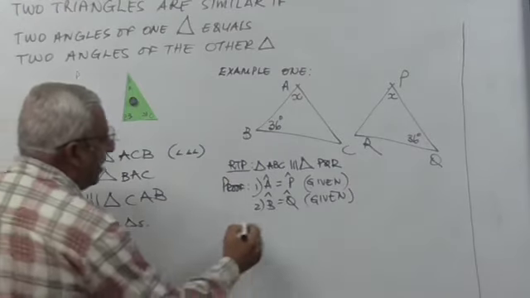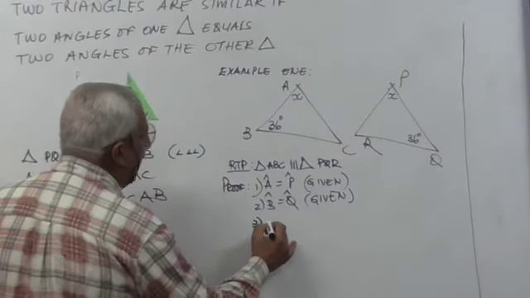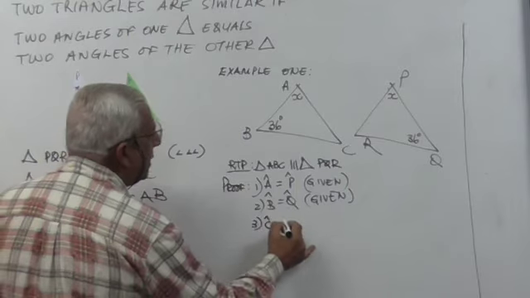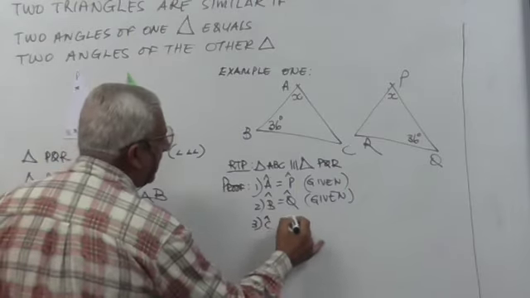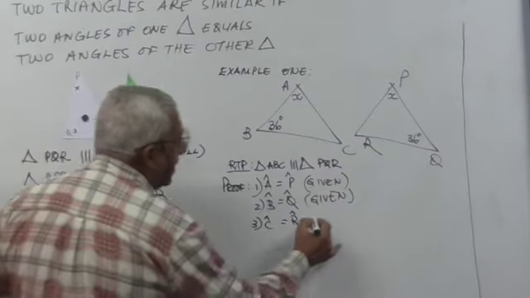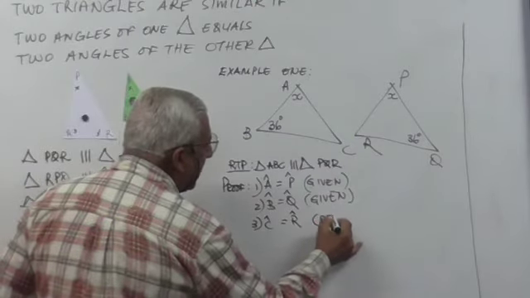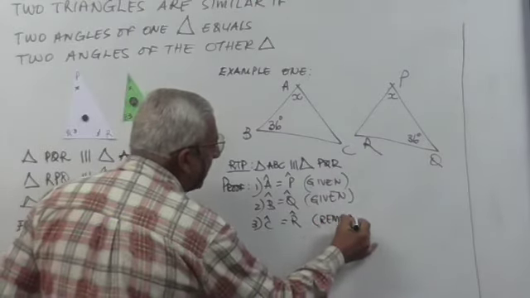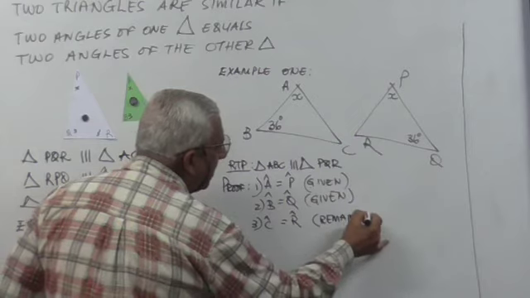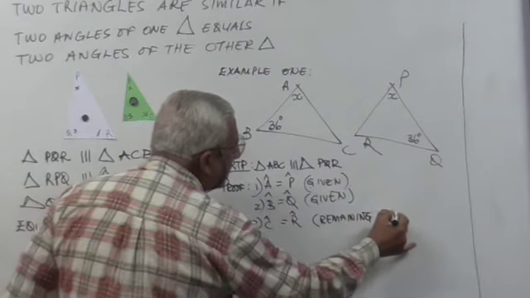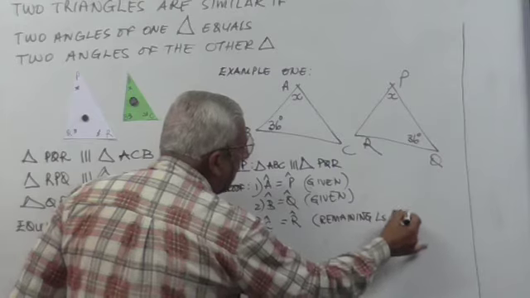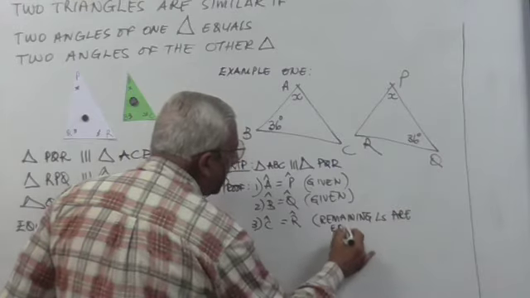But number 3, angle C will automatically equal angle R. And for that you will say remaining angles are equal.